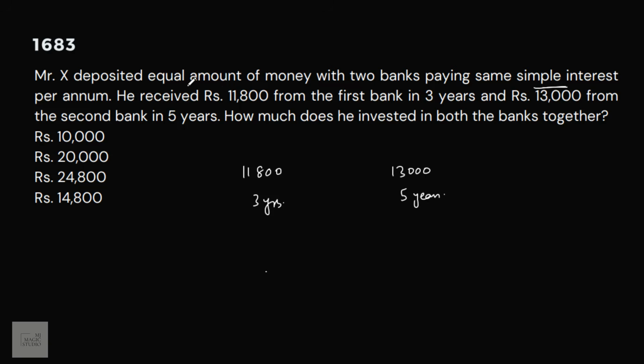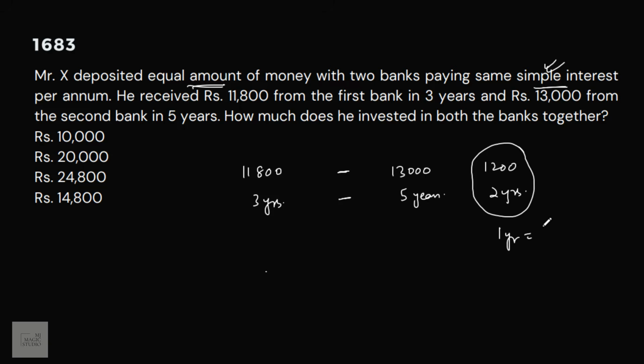Since he has invested equal amount and with the same simple interest, we can say that whatever is the difference in the interest is 1200, and difference in the years is 5 and 3, that is 2 years.